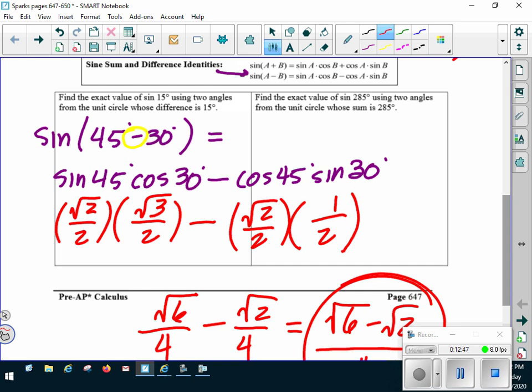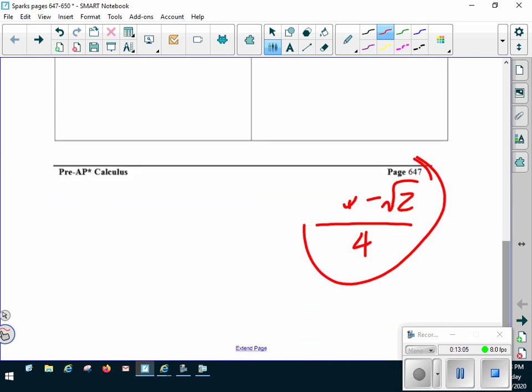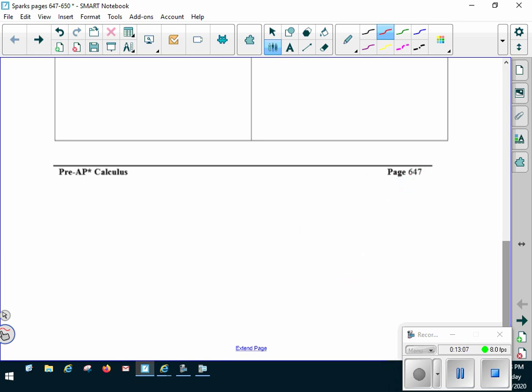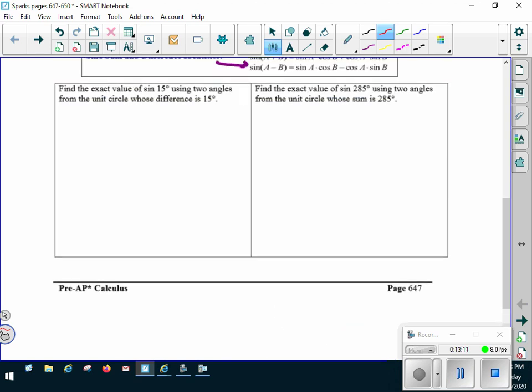Let's try the third one. Find the exact value of the sine of 285 degrees. That is not on your circle. Using two angles from the unit circle whose sum is 285 degrees. Find two. 150 and 135, that'll work.